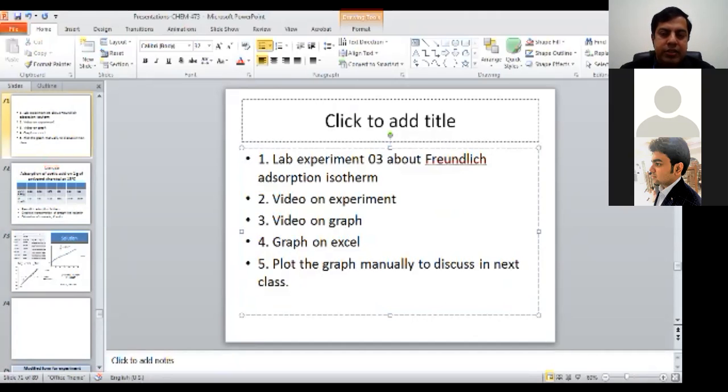You must mention the constants k and n on the graph, and submit both the Excel sheet and the manual graph plotted on graph paper. This will be the exercise for next week. I will share it on Moodle.